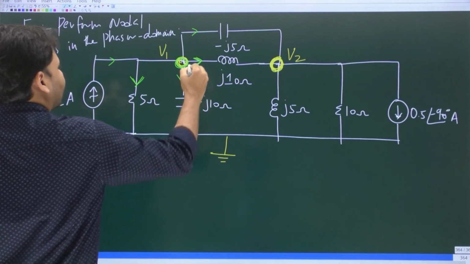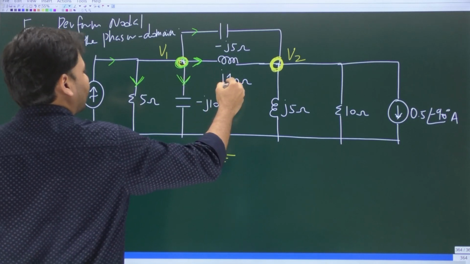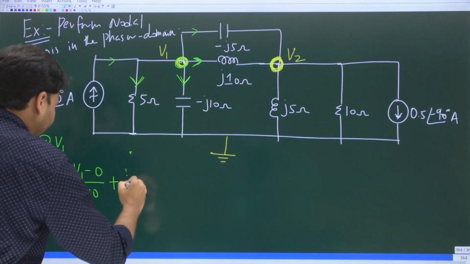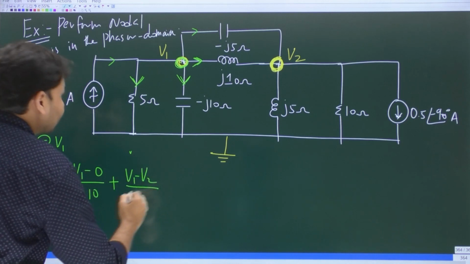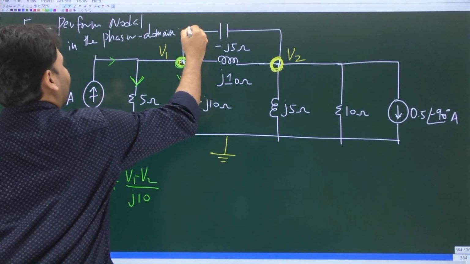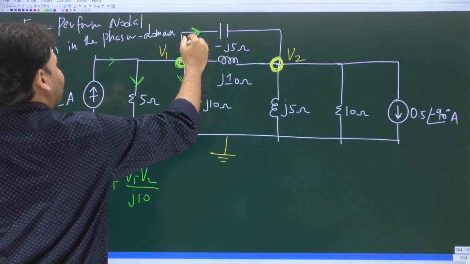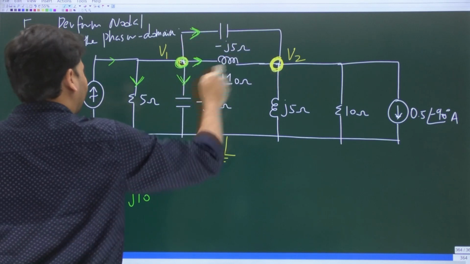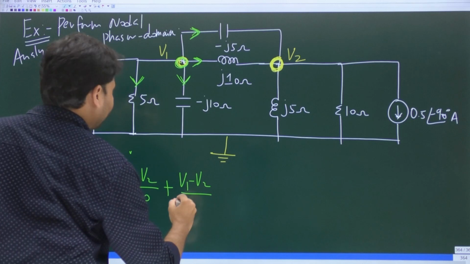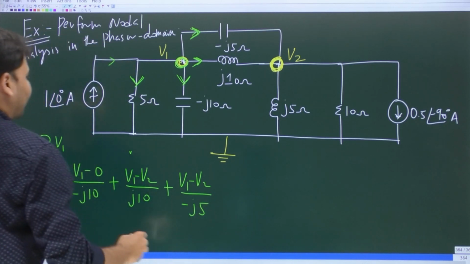What about this current? Current through j10 ohms from V1 to V2. So will it not be V1 minus V2 divided by j10? And finally, what is this current? This current is again flowing from V1 to V2. So it is going to be V1 minus V2 divided by the impedance, minus j5.